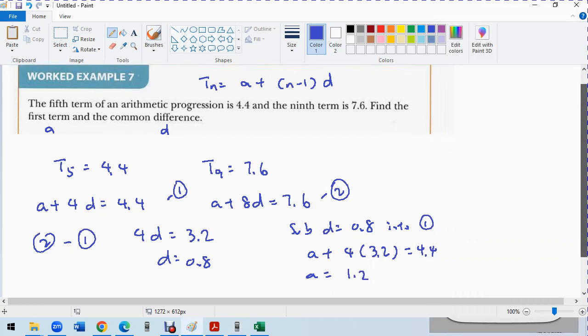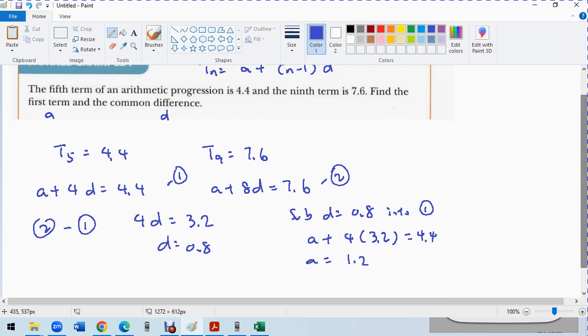So here we get the answer already. The first term is 1.2, and the common difference D is 0.8.